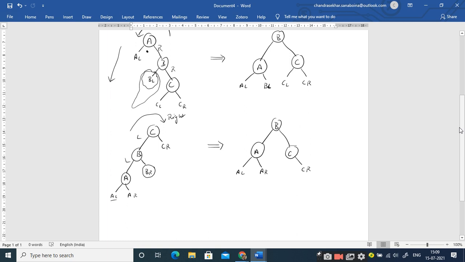I should place BR as the left child of C. To prove this logically, I can observe that all the elements of BR are less than C. Therefore, I should place BR as the left child of C. Is it clear?